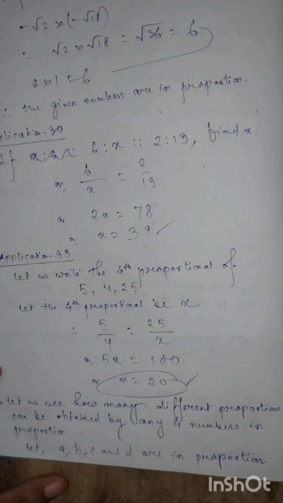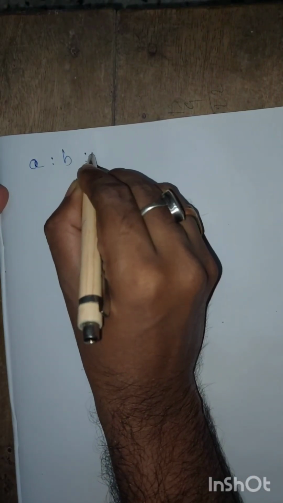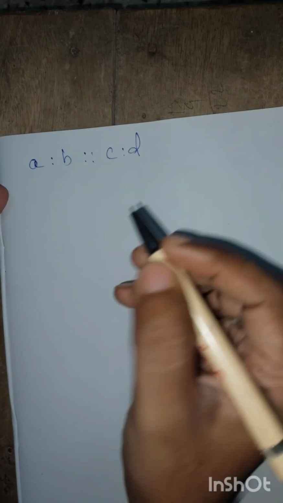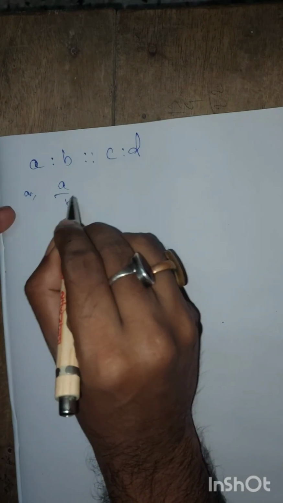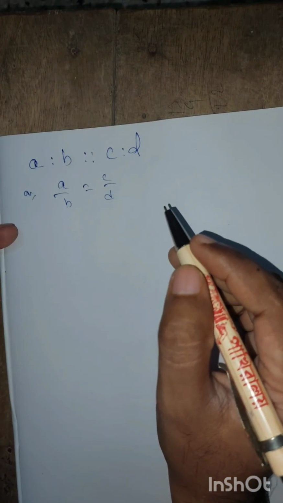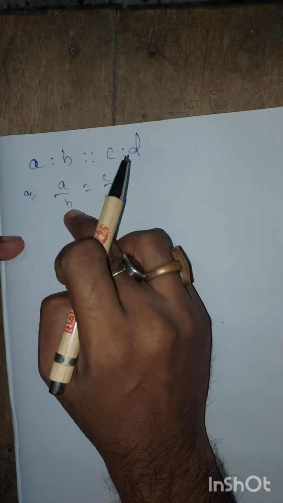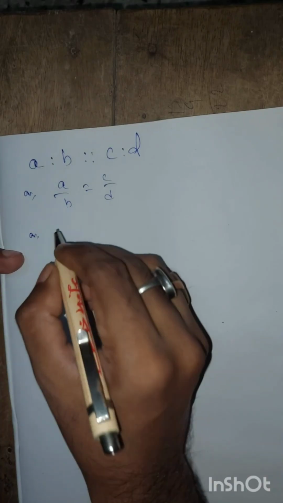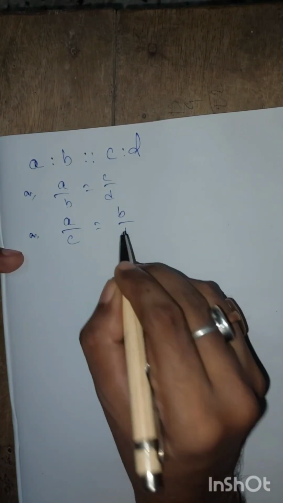Okay, so when these four numbers are in proportion, we can write a is to b is proportional to c is to d, or we can write a by b is equal to c by d. Now if we interchange the position of c and b, we are getting a by c is equal to b by d.